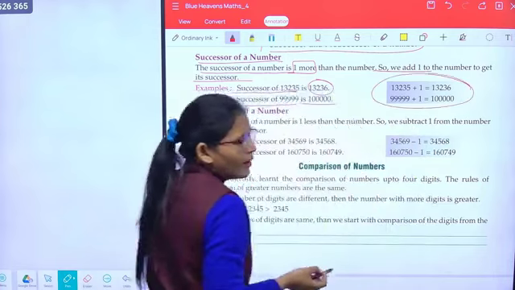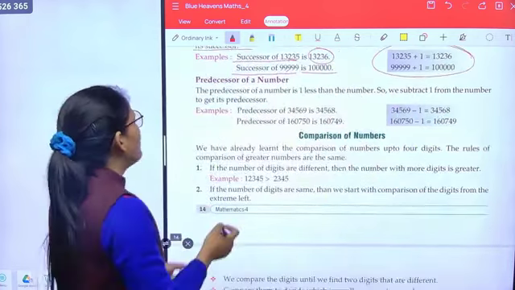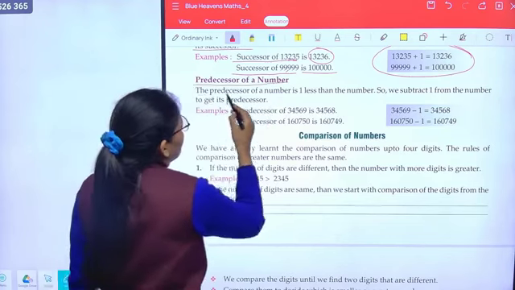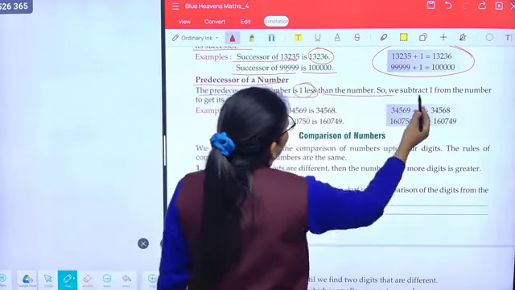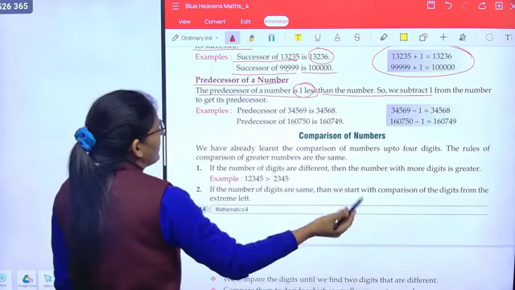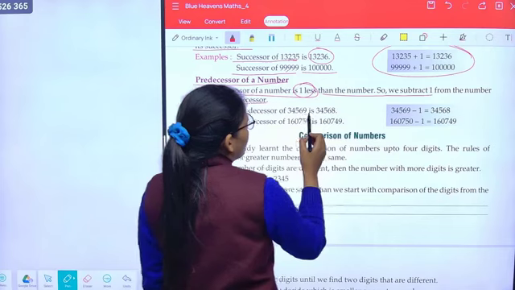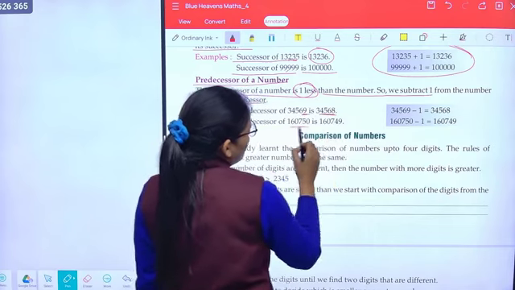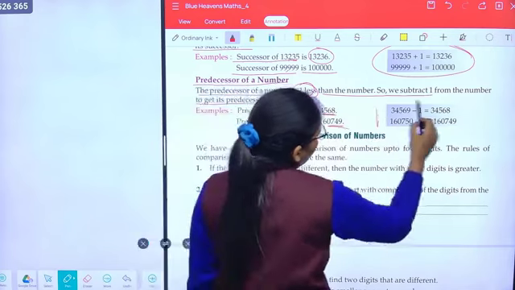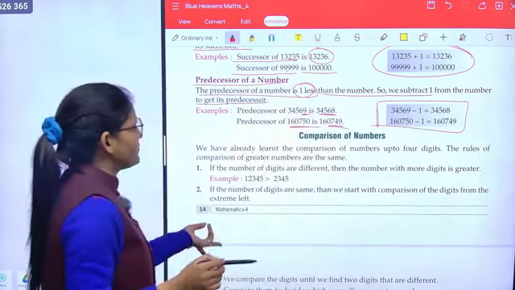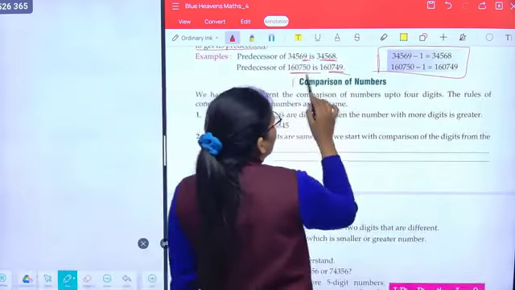Similarly, we can add also. Okay. Now predecessor is 1 less than the number. So we subtract 1 from the number to get its predecessor. Similarly, we have to minus. Understand? Like this also.